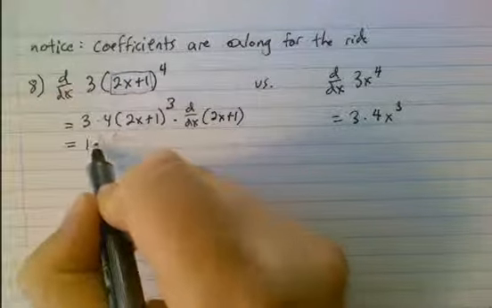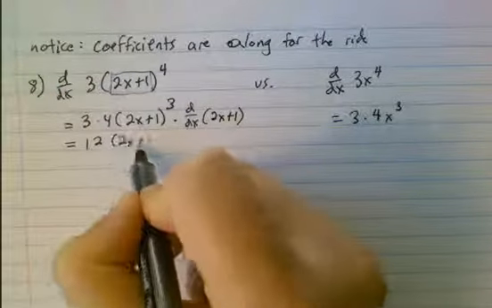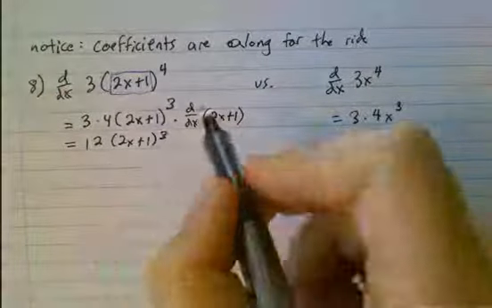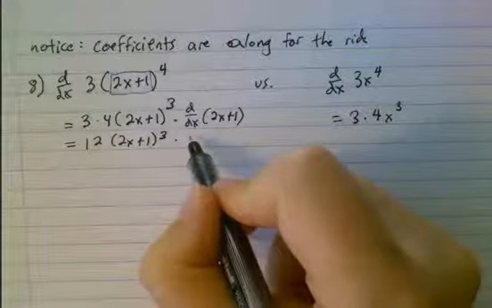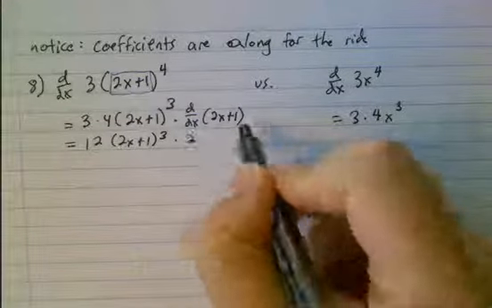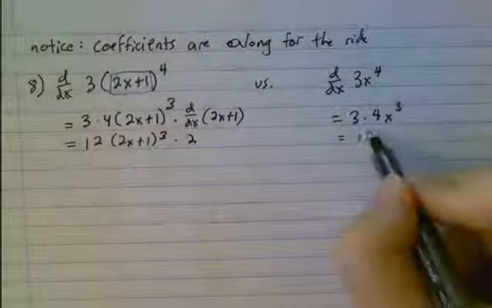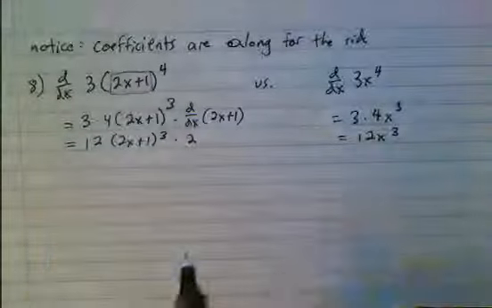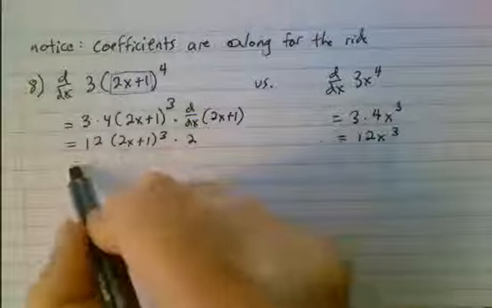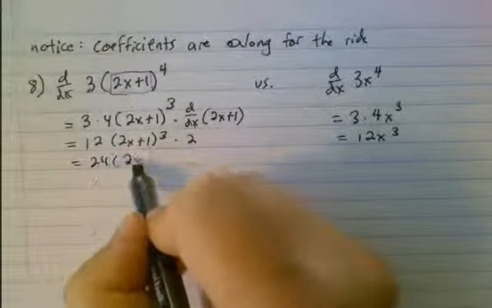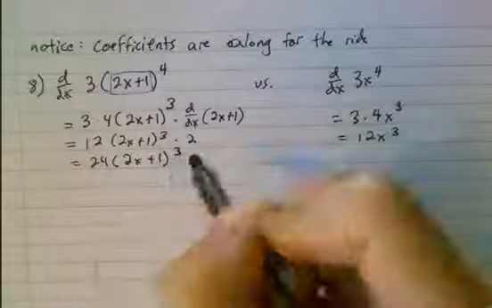That being the case, we've got 12 times 2x plus 1 cubed times the derivative of 2x is 2, derivative of 1 is 0. This is 12x cubed over here. Multiply these together, 24 times 2x plus 1 cubed.